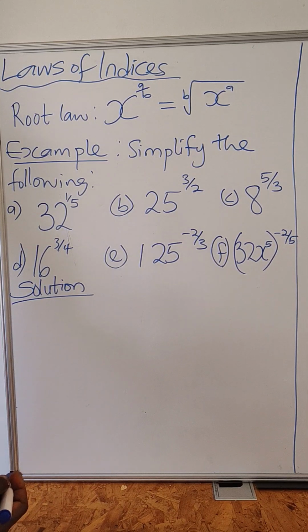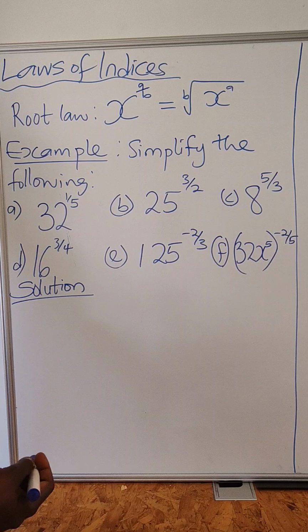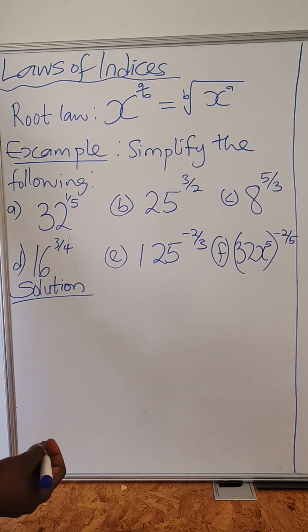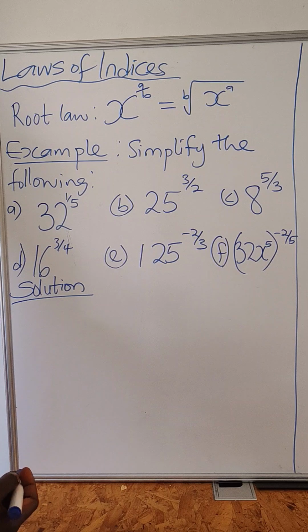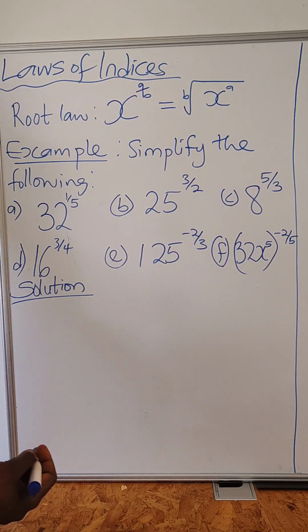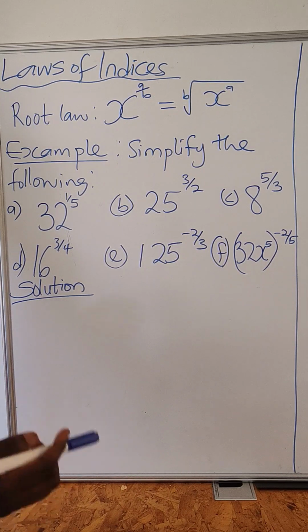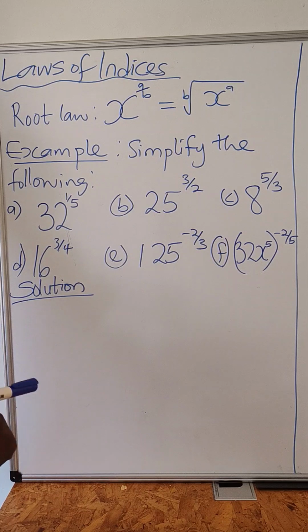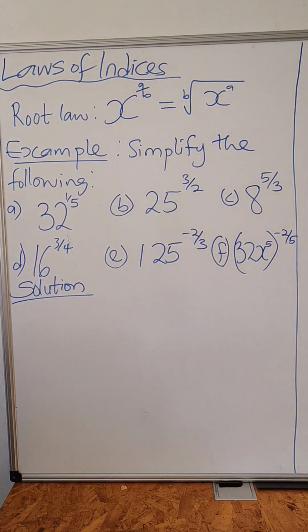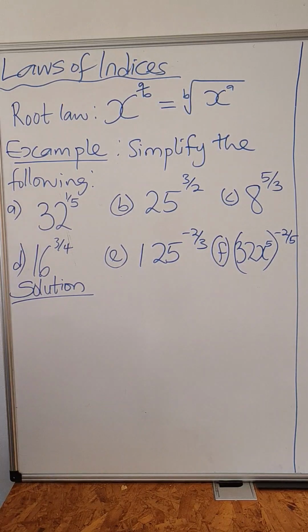The fifth one, 125 raised to power minus 2 over 3. And the sixth one is 32x raised to power 5, all raised to power minus 2 over 5. So let's start the solving, viewers.